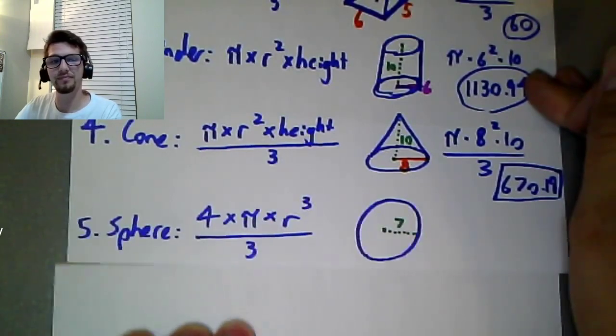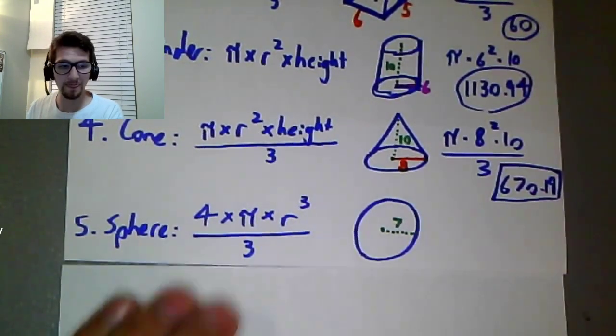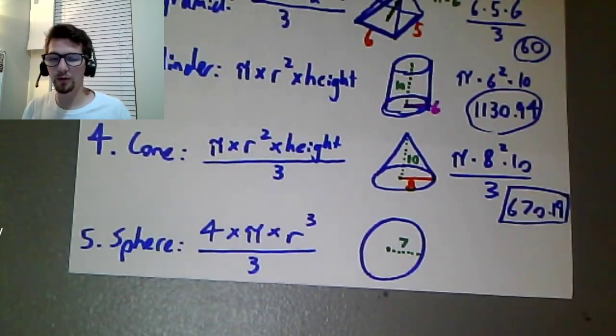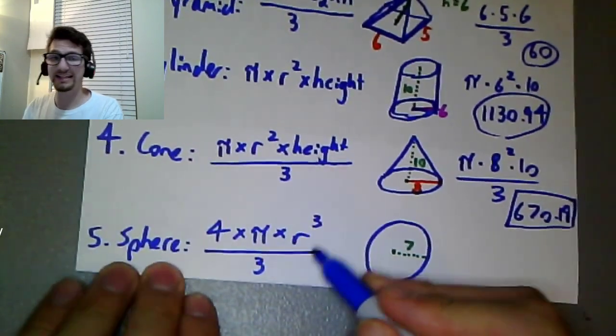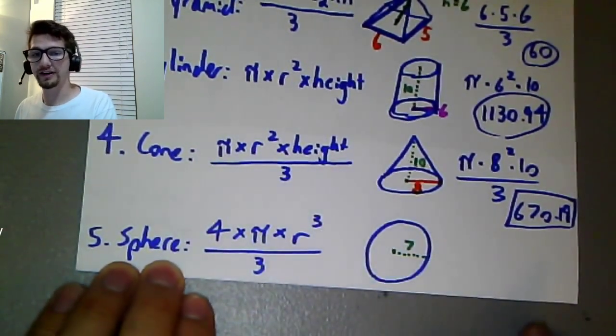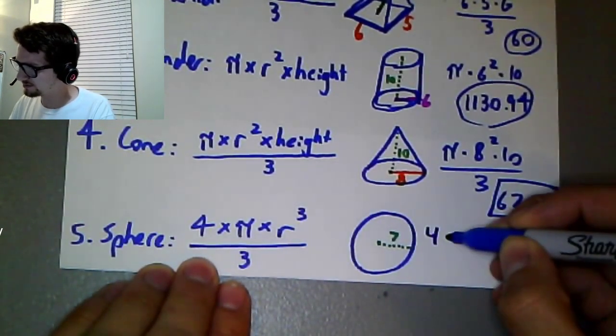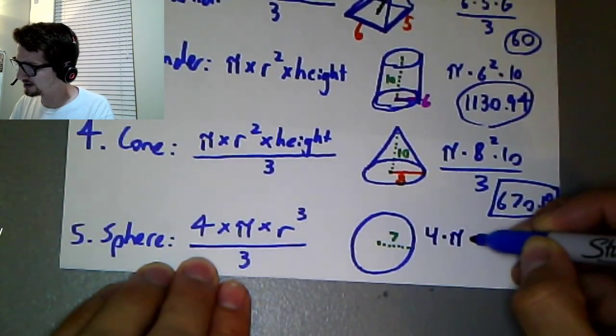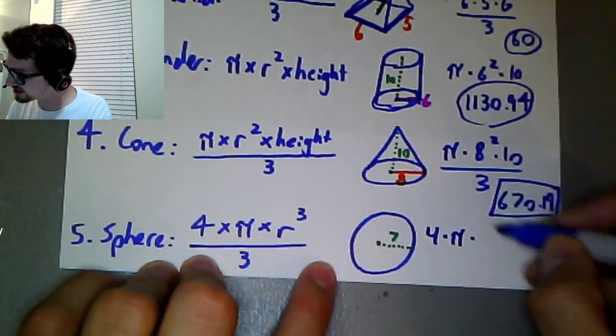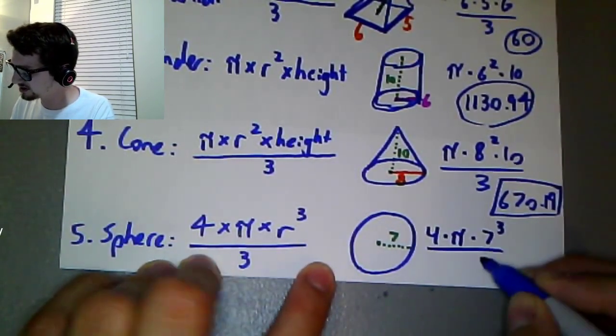Very cool. For a sphere, we're going to be using the equation 4 times pi times your radius cubed over 3. So that's 4 times pi times my radius, which in this equation is 7 cubed, all over 3.